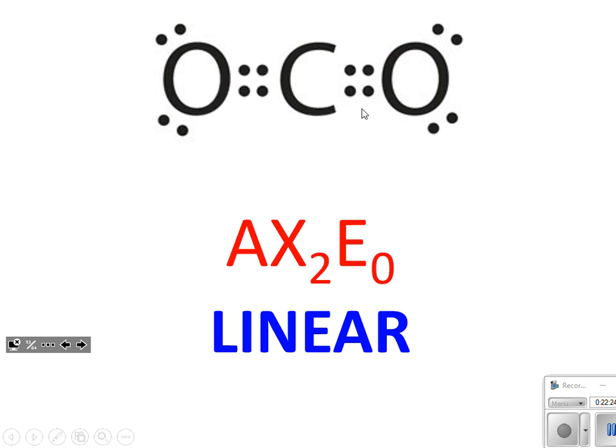Correct? So now, go back to your packet and find linear. Now, there are 2 linears. Go to the very, very back page. There's a linear on that page, right? Find the linear on the very, very back page. Do you have a central atom with 5 things around it?